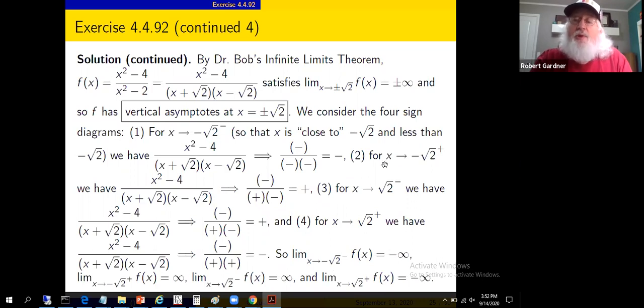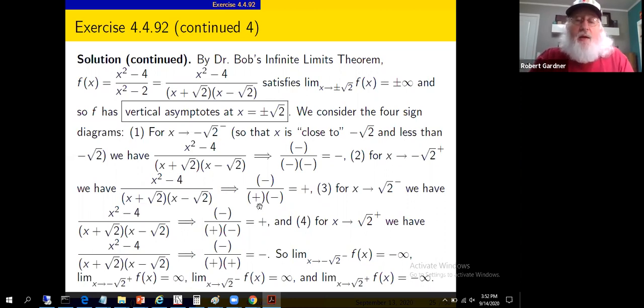If we approach negative square root of 2 from the positive side, similar analysis, we get this factor to change from negative to positive. X is close to negative square root of 2 and a little bit bigger than negative square root of 2. You add square root of 2 to that, and it's the positive square root of 2 that dominates, and there's a little positive bit left over, as we did in chapter 2.